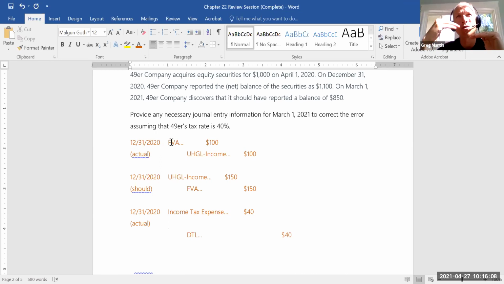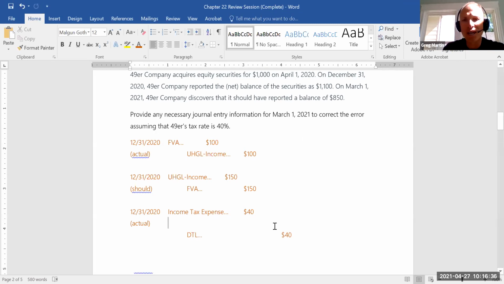And so you have to reimagine the journal entry when we have these tax effects. First of all, you can see, hopefully, that the value on the books under US GAAP is more than it is under the Internal Revenue Code, which means we have a deferred tax liability. That deferred tax liability is the income effect, which is $100, multiplied by the tax rate, which is 40%. So the DTL is going to be a $40 credit.